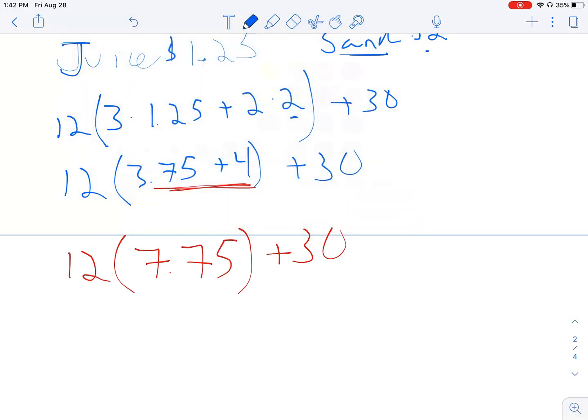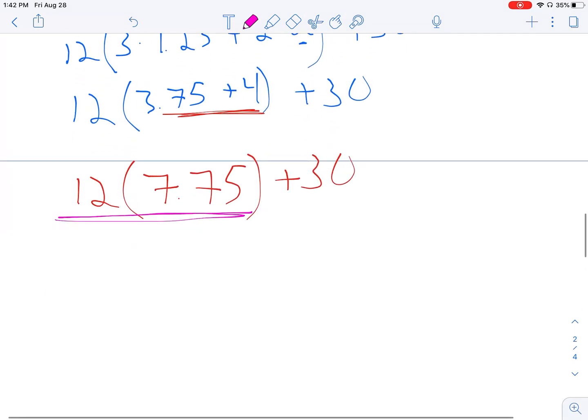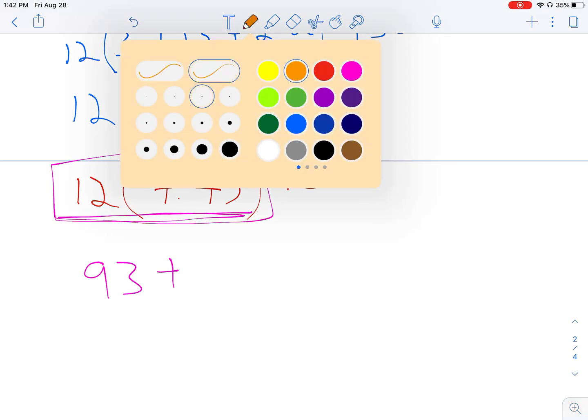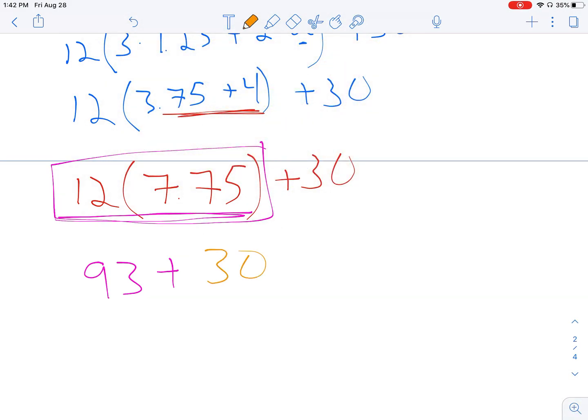If you need a calculator for some of this stuff, that's fine. I'm not going to expect you to do this in your head. We need to multiply 12 times 7.75, which gives me 93. So this is going to give you 93, leaving you with that plus 30 still hanging on outside. When you add those together, you get 123 for your total cost.